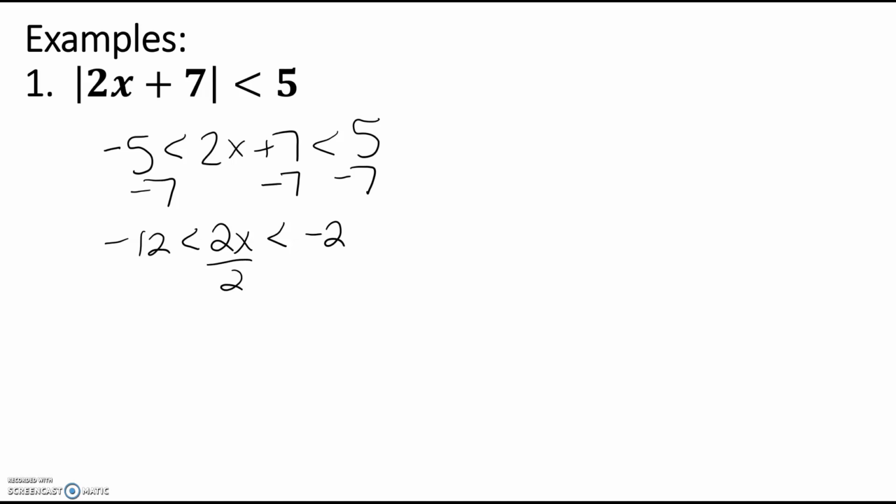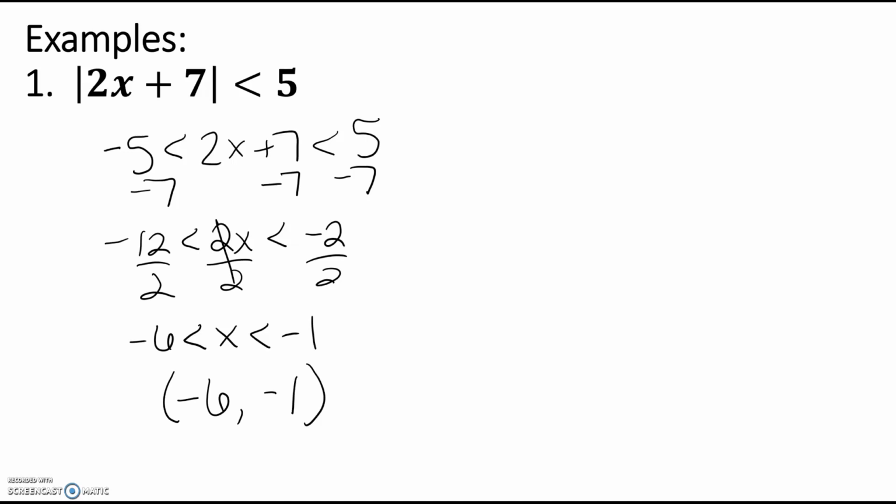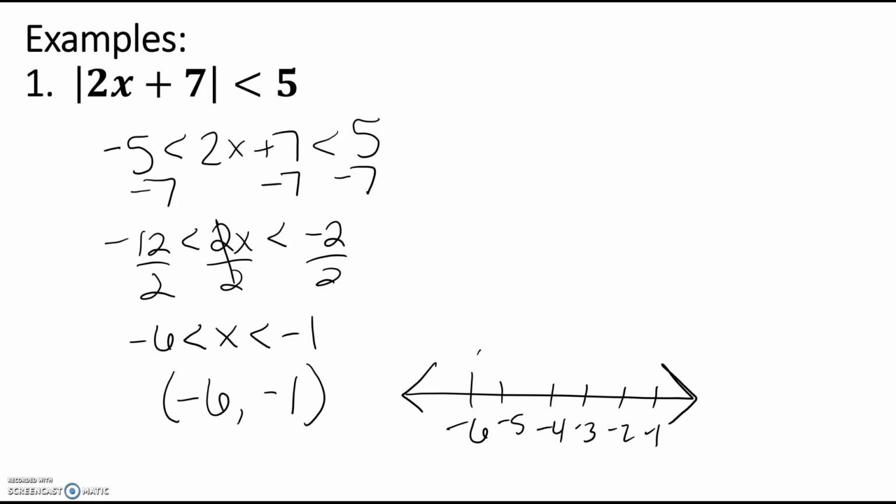And then when I divide by 2, I get negative 6 is less than x, which is less than negative 1. Remember when we write this in interval notation, it looks like negative 6 to negative 1. On my graph, negative 6, 5, 4, 3, 2, 1, it's going to look like parentheses. Remember if you were doing the old-fashioned graphing, those would be open circles and you would shade in between.